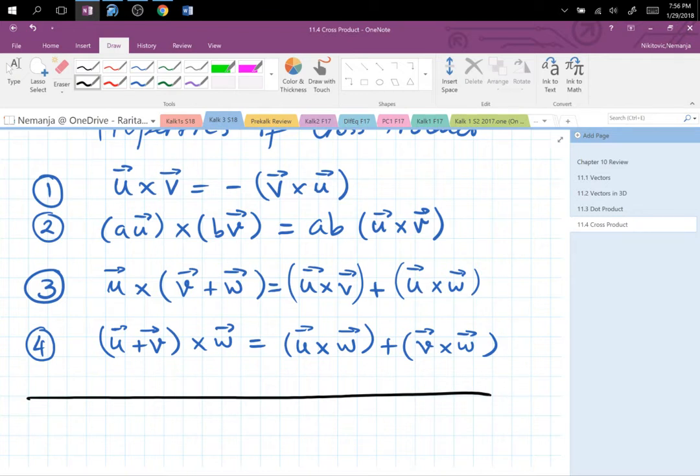If black cross blue is green, then blue cross black is negative green. Do you see that there is a positive green and a negative green? That is going to depend whether you have a black cross blue or blue cross black.